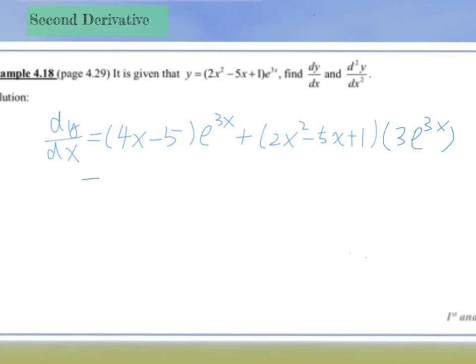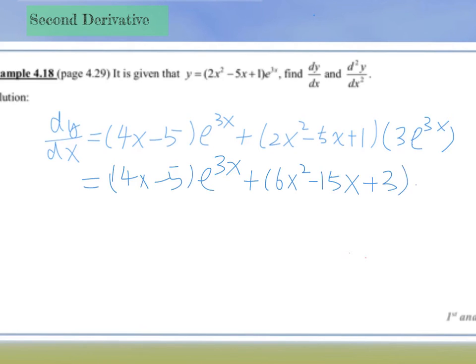So clearly, we should simplify it first. But be careful, when we simplify it, we need to multiply 3 to 2x squared minus 5x plus 1. So you will get 6x squared minus 15x plus 3.